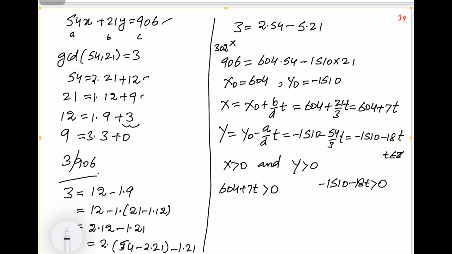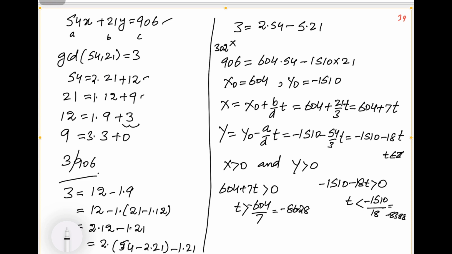So from here we can easily find t is strictly greater than minus 604 by 7, which actually comes out minus 86.28, and from here we get t less than 1510 by 18, which is minus 83.88.